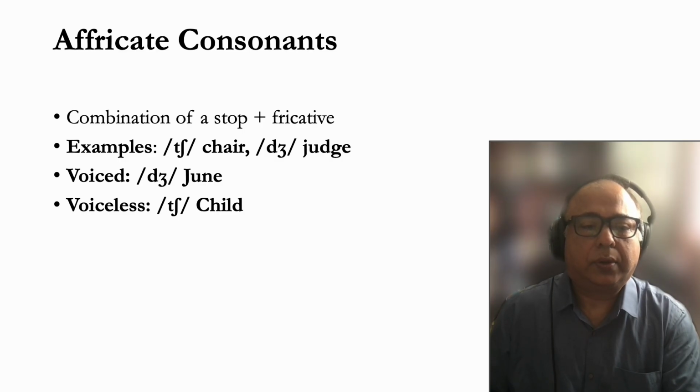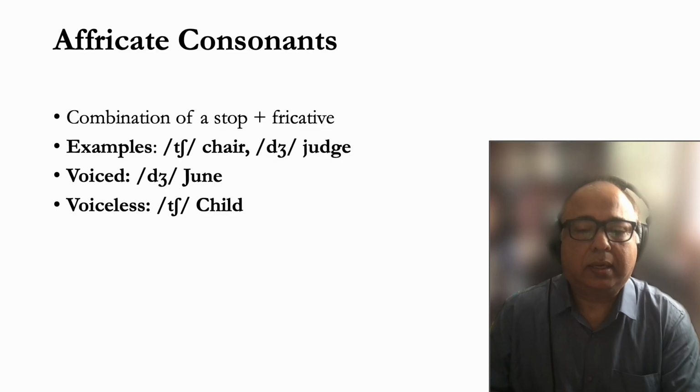Affricate consonants are a combination of a stop and a fricative. Some examples of affricate consonants are ch as in chair, j as in judge. So notice when you produce these sounds, the airflow stops first, and then the airflow is released.